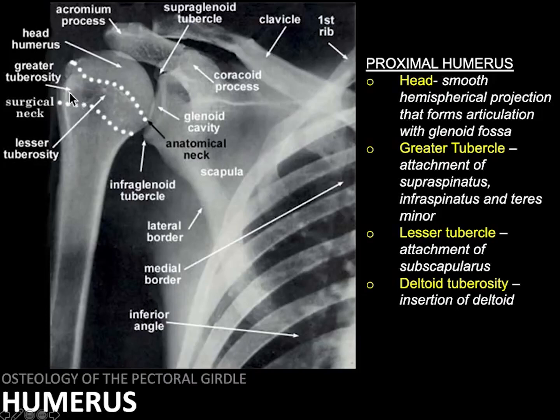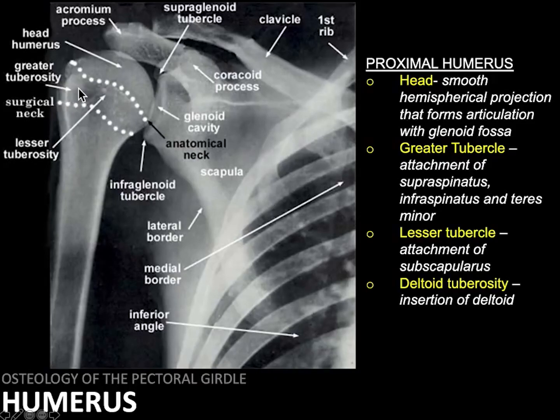We then have some elevations on the proximal humerus that we need to be familiar with. These specific elevations are going to provide sites for muscle attachments, and we call these our tuberosities. So there are two tuberosities. There's a very large and prominent one located on the superolateral surface called our greater tuberosity.